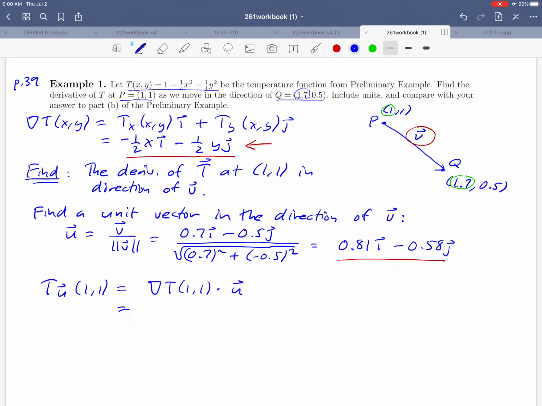So first, what happens if we take x equals 1 and y equals 1 and substitute into our gradient formula? Well, we're just going to get negative a half i minus a half j, since x and y are both 1. We'll dot that with the unit vector from up here.